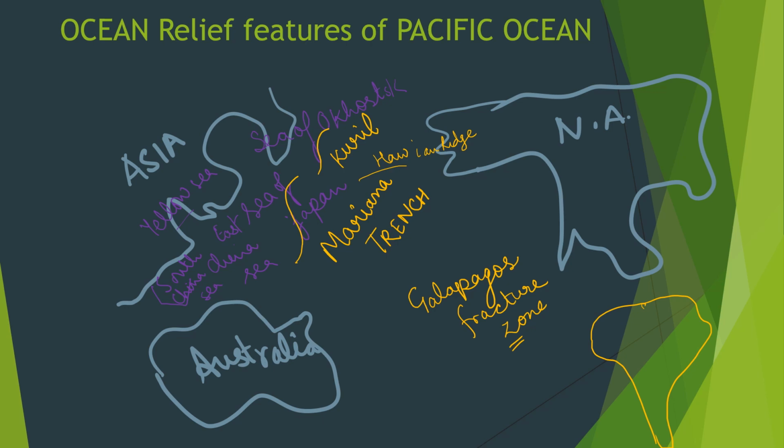This is the South American continent, and we have here the Nazca Ridge. This part is the Nazca Ridge. Here is a trench also, a very famous one, the Peru-Chile Trench. So these are the relief features present in the Pacific Ocean. We have seen some very famous trenches and ridges also.